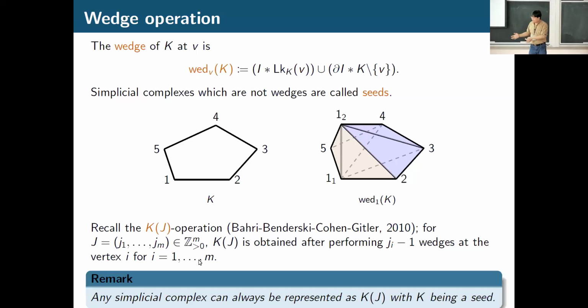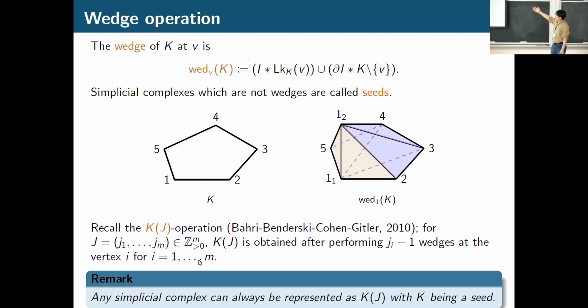In order to do that, I observe one operation, called the wedge operation. I learned this wedge operation from some combinatorialists. So probably this operation is already known in combinatorics, but I don't think it is a popular operation.